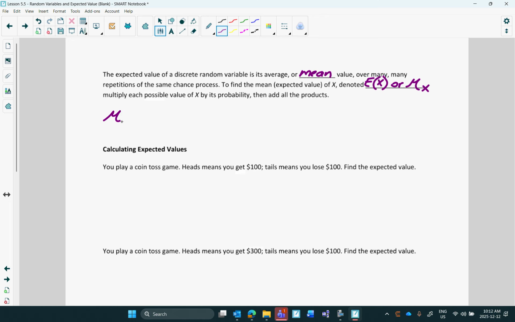So we would do this: whatever the value of the first one is, times its probability of happening, plus the value of the second times its probability, etc., depending on how many possible values there are.